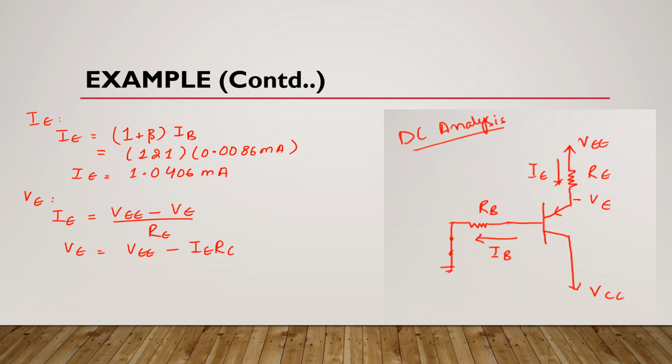Here we know that VEE is 5 volts and IE is 1.0406 milliamperes and RE is 3.3 kilo ohms. After solving this, you will get VE is equal to 1.57 volts. Okay.